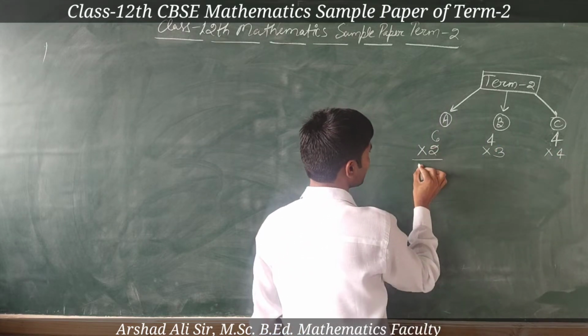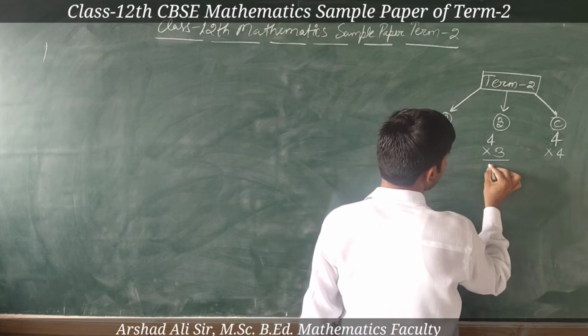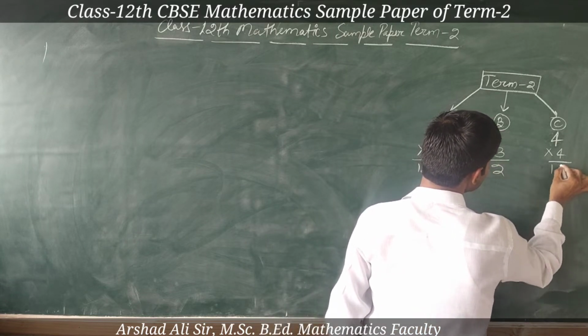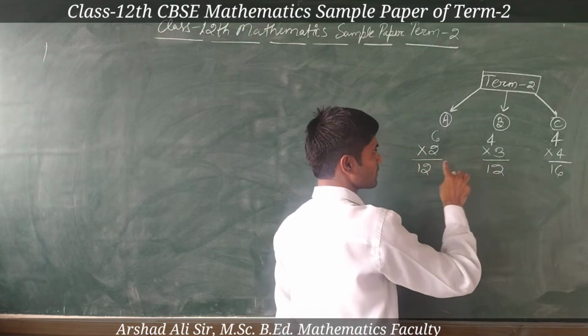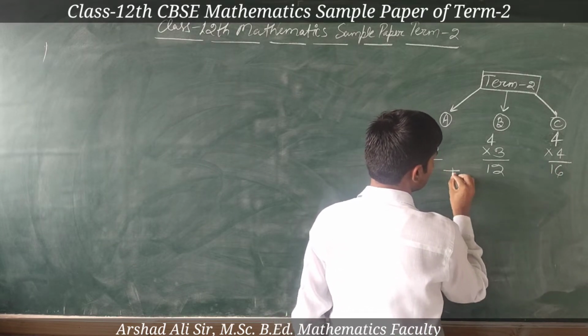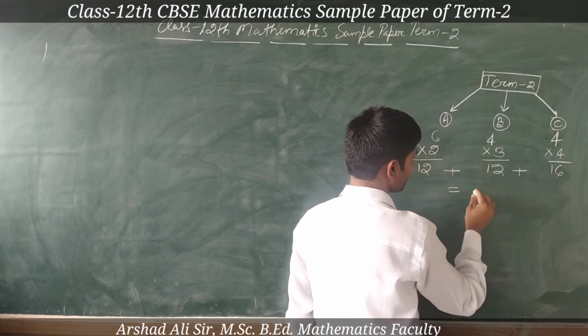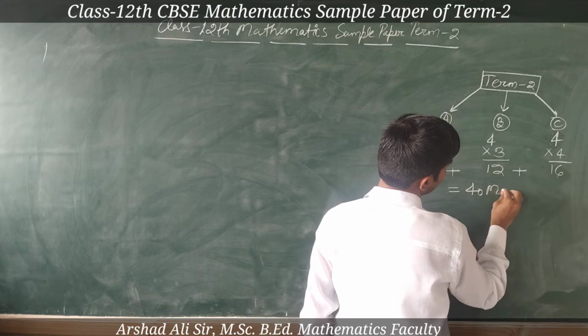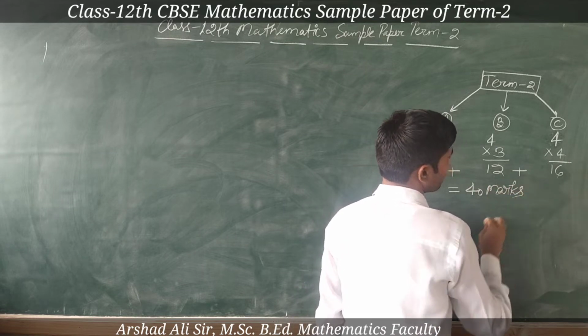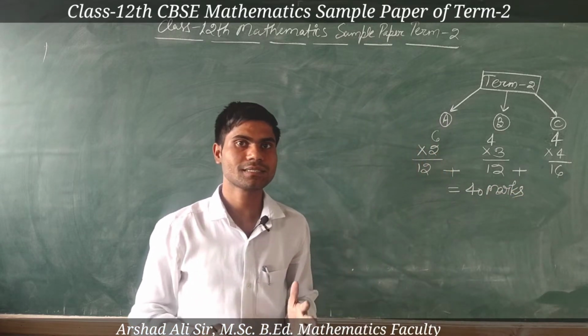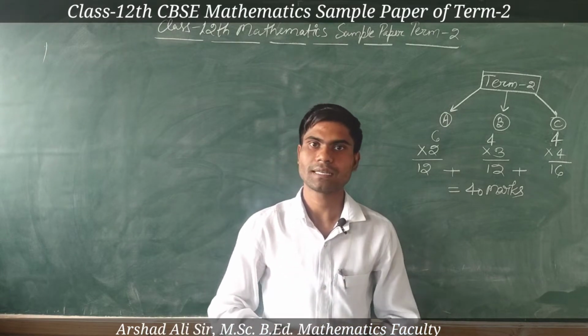Here you can calculate 12 marks, 12 marks and 16 marks. 12 plus 12 plus 16 will be equal to 40 marks. My dear students, this is your paper pattern of term 2.